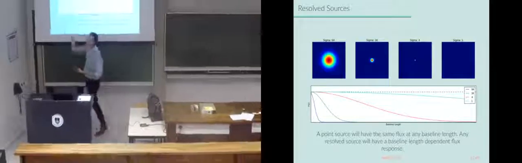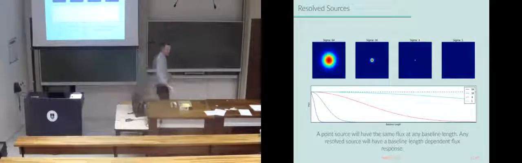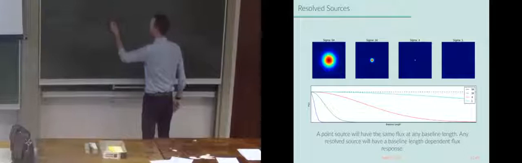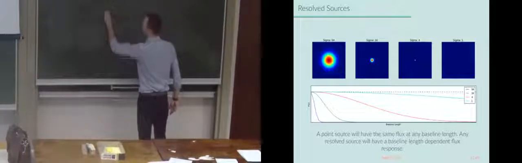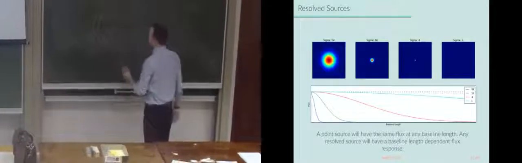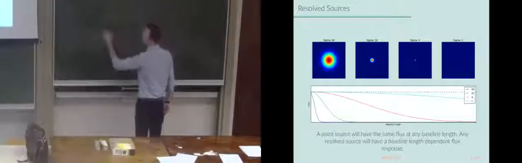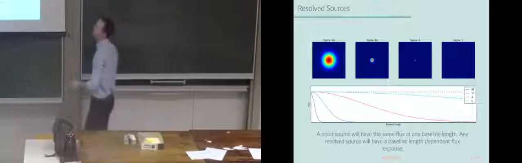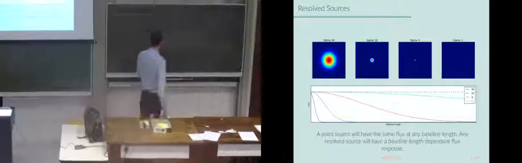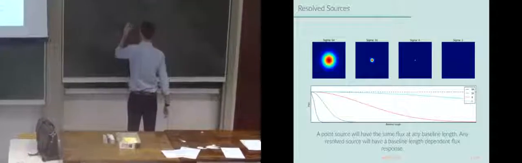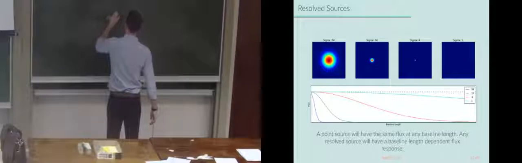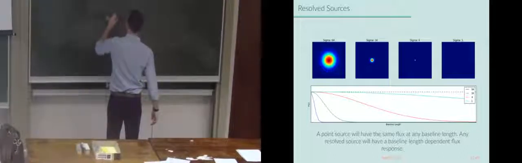Typically, to model this Gaussian as point sources, you give a really bright flux here, and a bit more flux here, but not as strong.